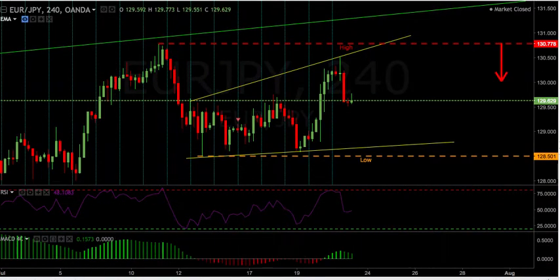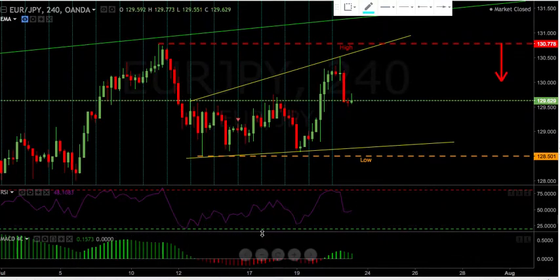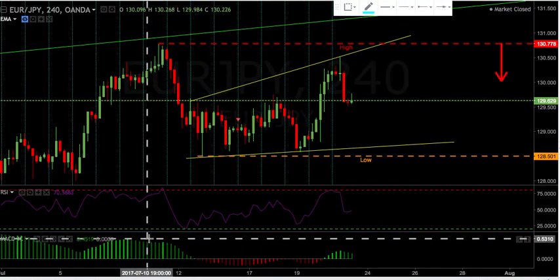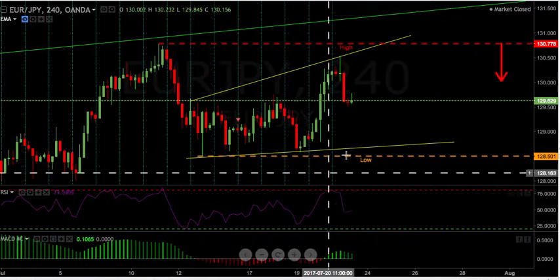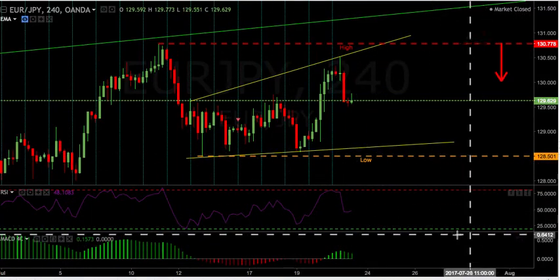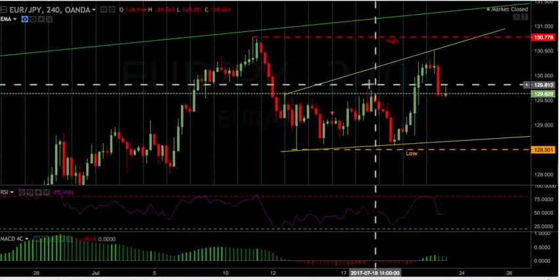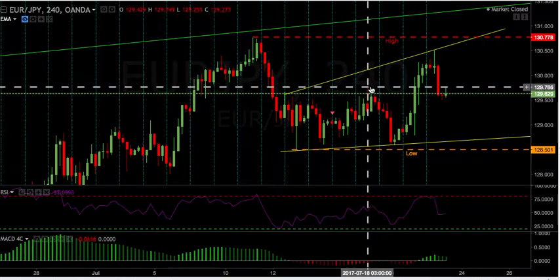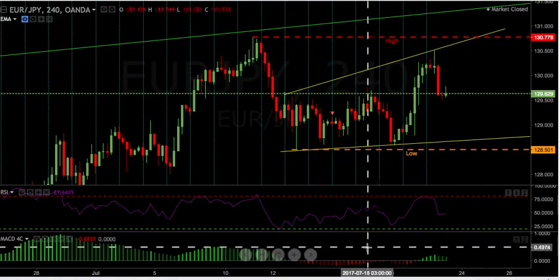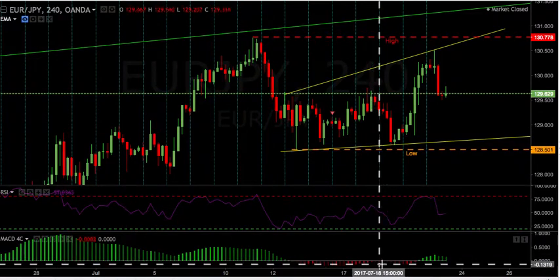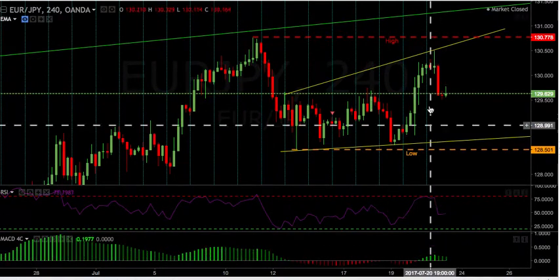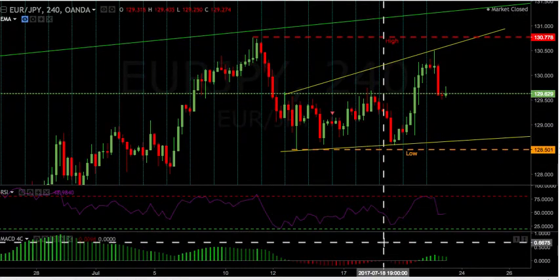We have MACD divergence, but our divergence is a bullish divergence. Just make sure you can see this. Because here's our high, and here's the next high. This high is below the median range of the MACD. This one is way above. So it's not actually divergence.